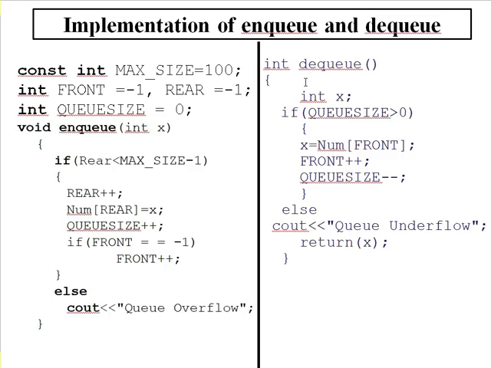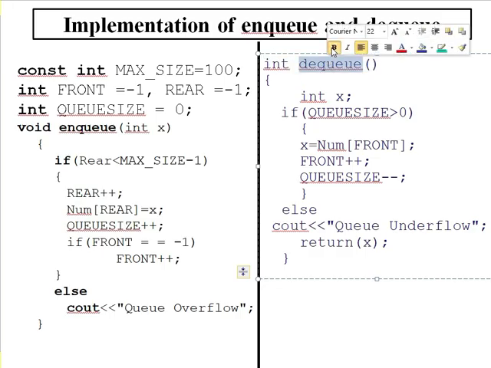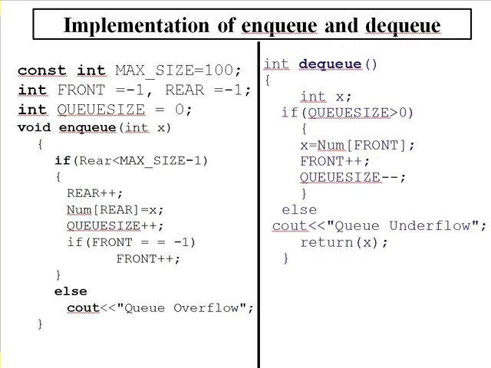And the dequeue operation can be implemented by just declaring a variable x that will be holding a number removed from the queue. So to remove an element from the queue, first we should check whether there is any element in the queue.